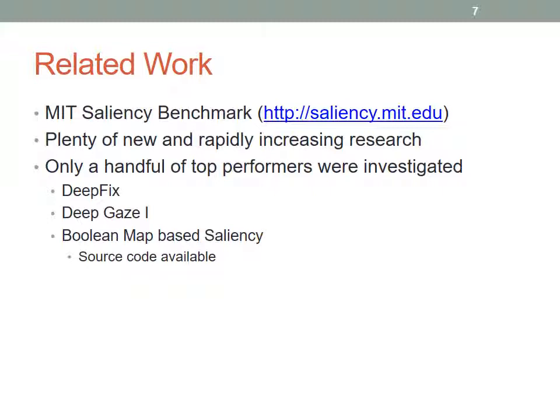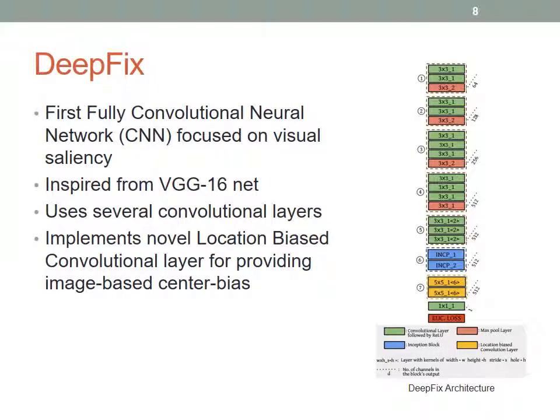And go through those. DeepFix is a neural network. This is one of the top performers on the website, and they claim to be the first fully convolutional neural network that focuses on visual saliency. What that really just means is that the neural network uses convolution operators. I don't know if you can see my mouse, but on the image here, going from the top to the bottom, this is the architecture of DeepFix.